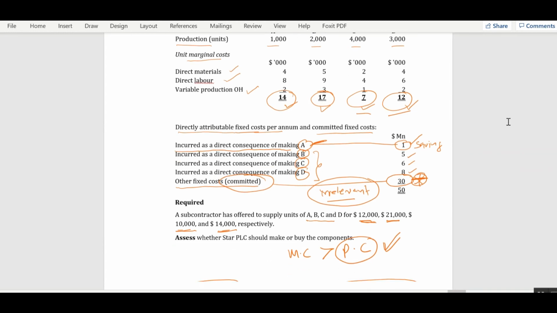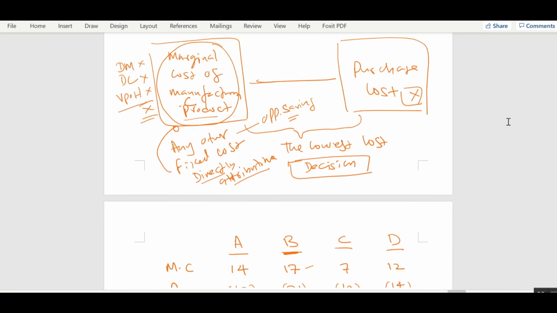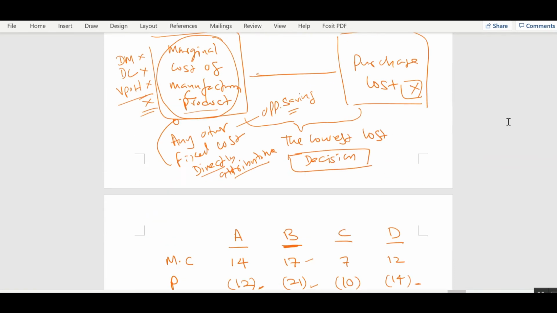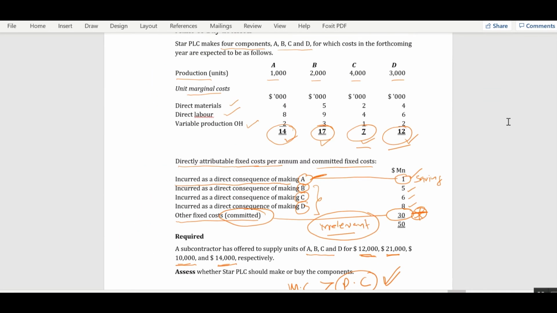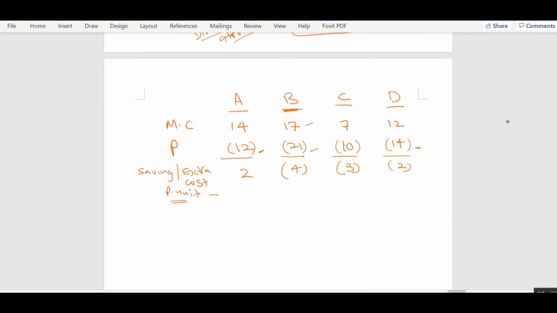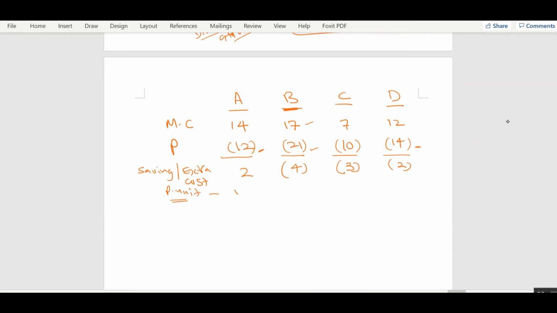Since this is per unit, you need to take the production units: 1,000, 2,000, 4,000 and 3,000.